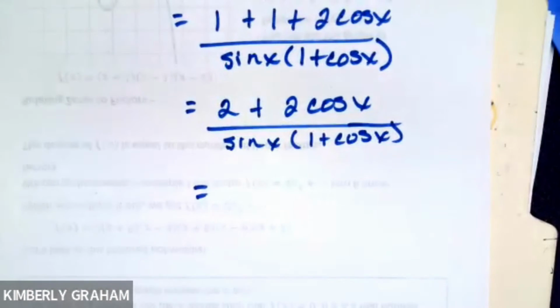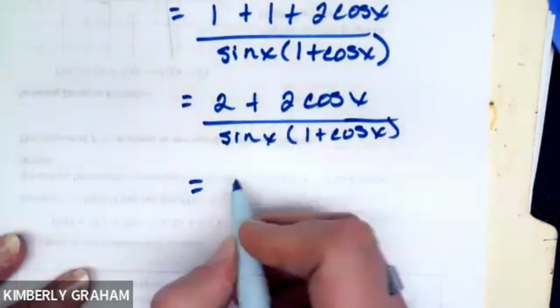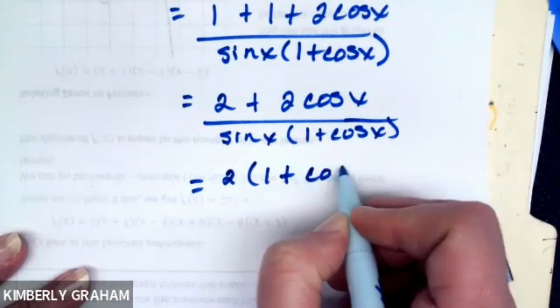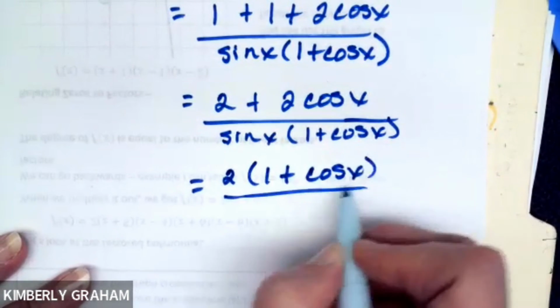I can factor out a 2, right? Because I want these things to cancel. So if I can factor out a 2, then maybe I can get something to cancel, and I can.